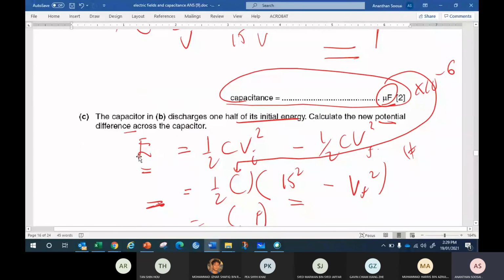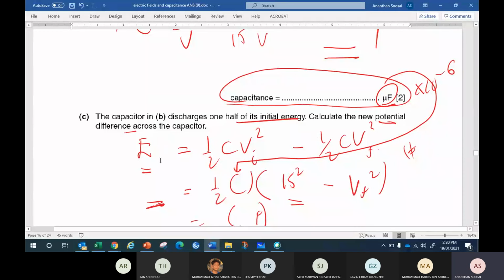So total energy, half of it, right? Half CV squared. The original energy, the initial energy minus the final energy, must be half of the total energy. How do you find the total energy? The initial energy is the total energy, right? This minus this must be half of the total energy.